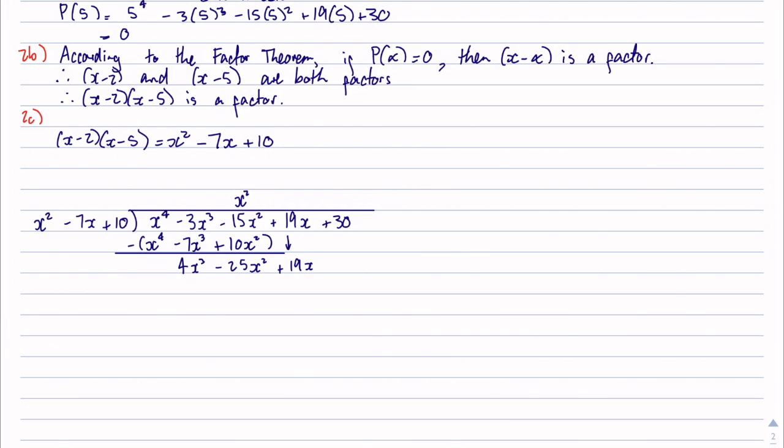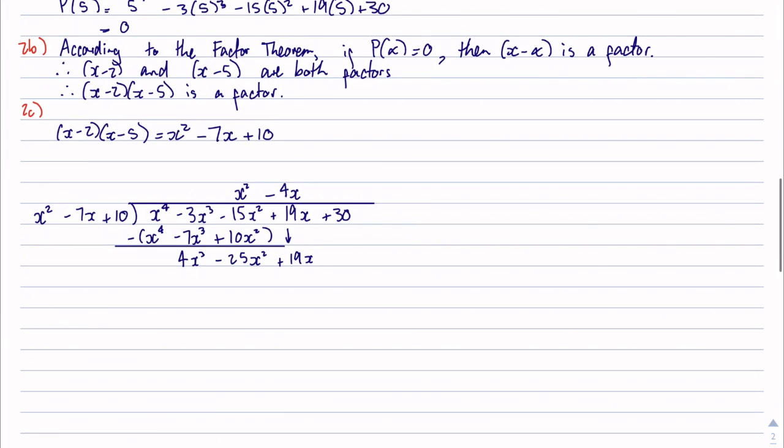Start again. 4x cubed divided by x squared, positive 4x, because it's positive 4x cubed divided by x squared, so it's plus 4x. Okay, times it out. 4x cubed take 28x squared plus 40x. Subtract it and drag down.